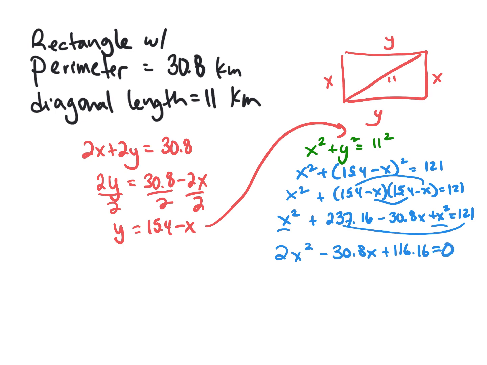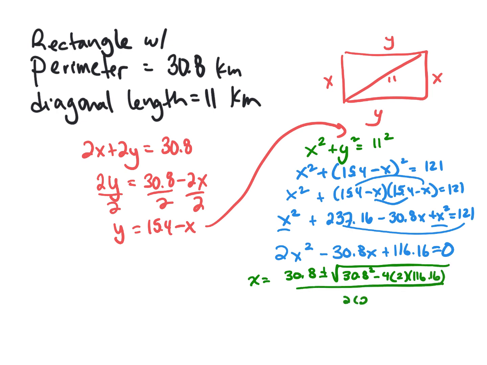Doesn't look very nice, but generally, in the problems I've seen, this works out pretty nice in the quadratic formula. So negative b plus or minus the square root of b squared, so 30.8 squared. It's technically negative, but when you square a negative, it's going to become positive. Times 4 times 2 times 116.16, all over 2 times 2. And so that's going to give me 30.8 plus or minus the square root of 19.36 over 4.